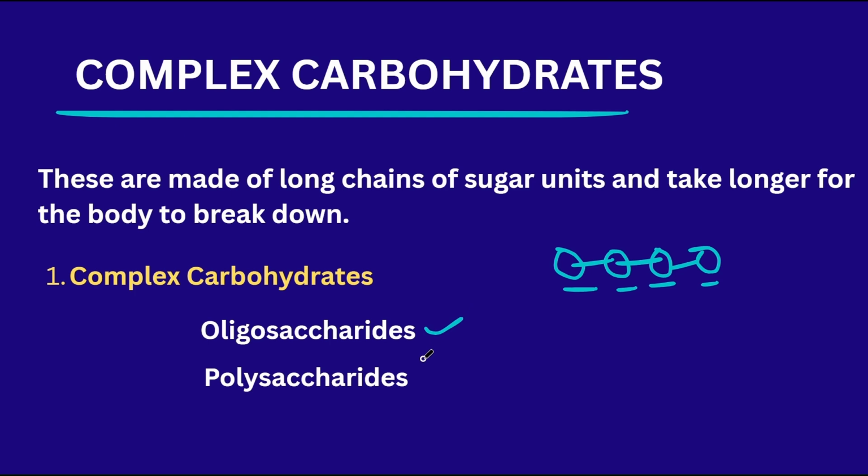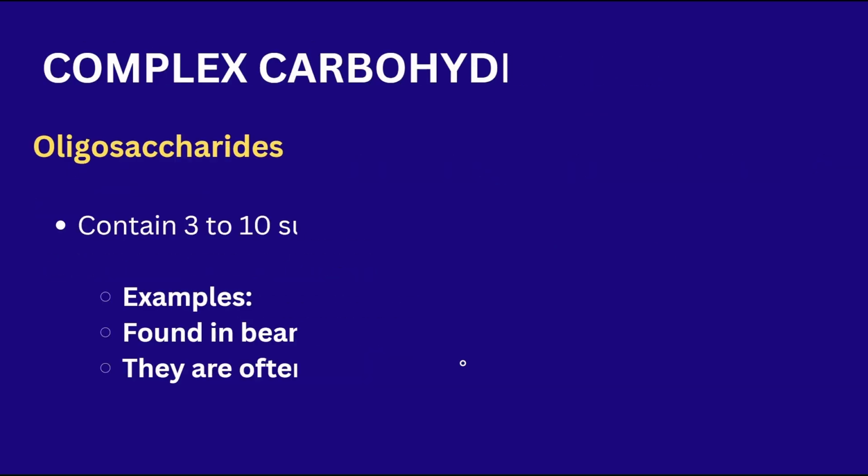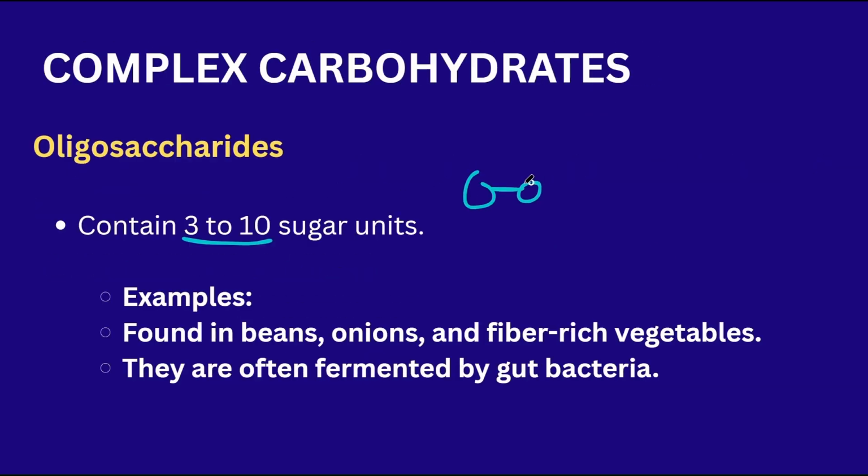There are two types, oligosaccharides and polysaccharides. In oligosaccharides there are 3 to 10 sugar units. This question was asked in the CPGET: how many sugar units are present in oligosaccharides? That is 3 to 10 sugar units.